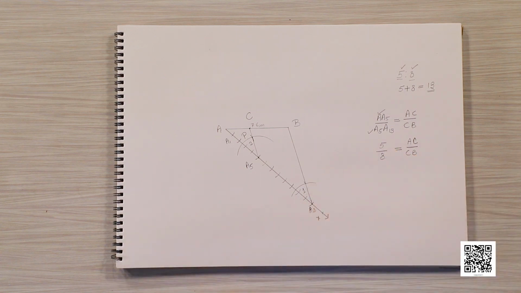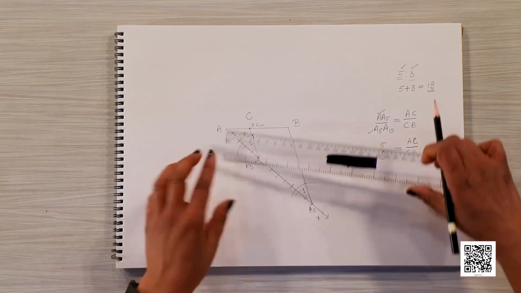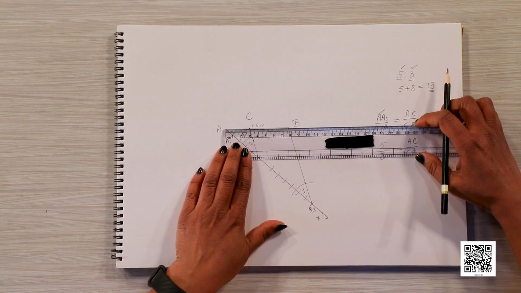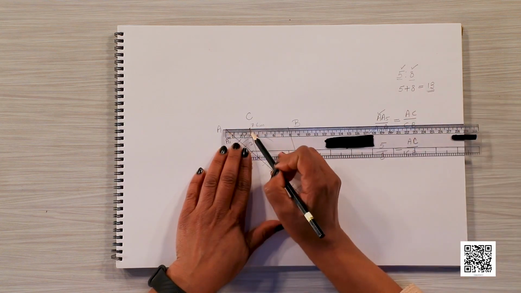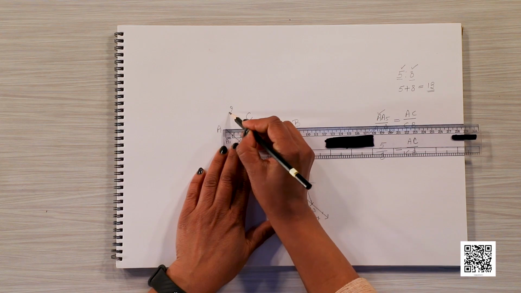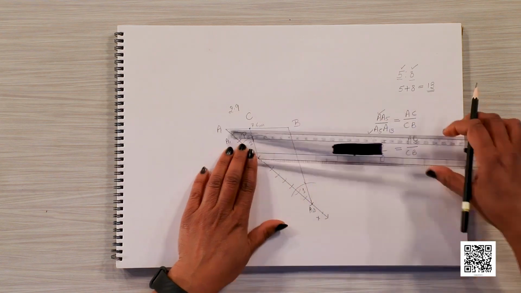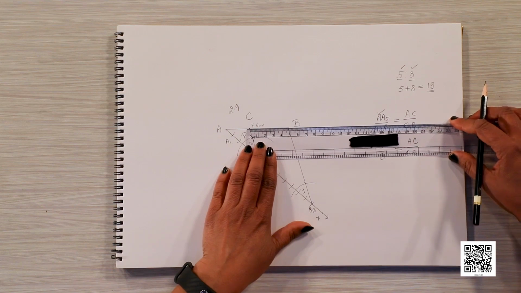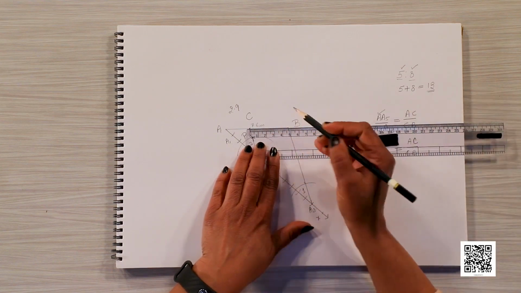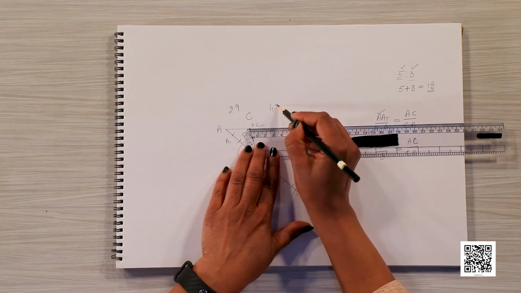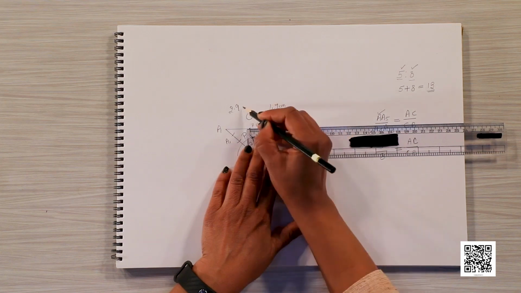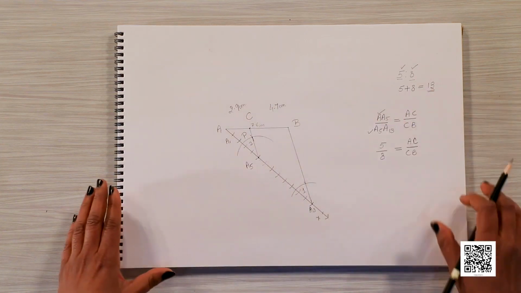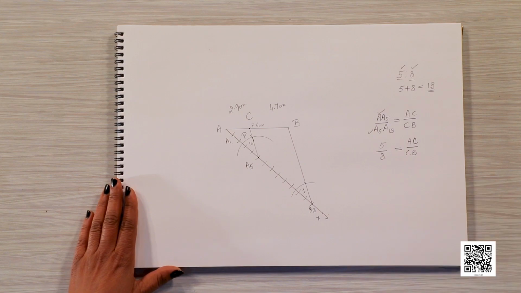Let us measure the length of these two parts. So, students, you can see that AC turns out to be 2.9 and CB turns out to be 4.7 centimeters. So, this is how we divide a line segment in given ratio.